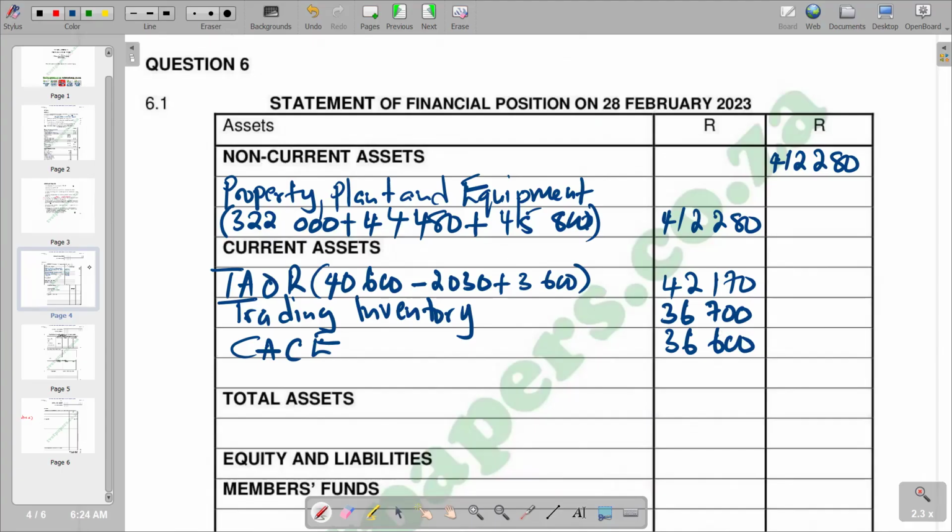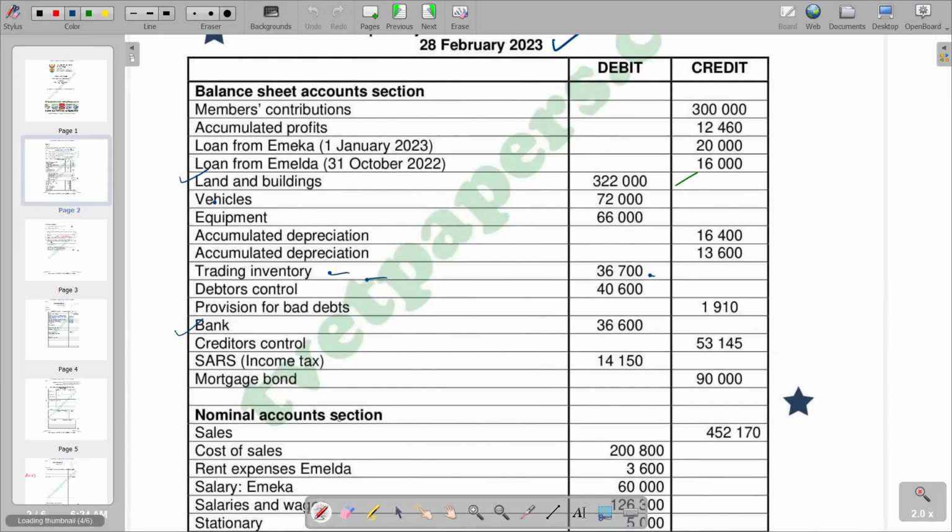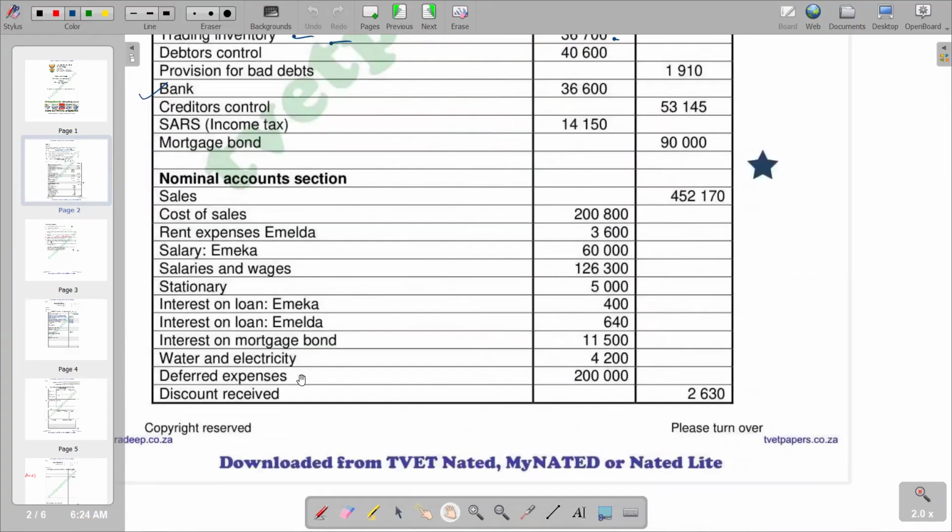And remember, we also have this figure that we said is going to be part of our current assets, which is the figure for deferred expenses, 200,000. Remember our explanation or description in terms of deferred expenses: they represent payments made in advance for goods or services to be received in the future.